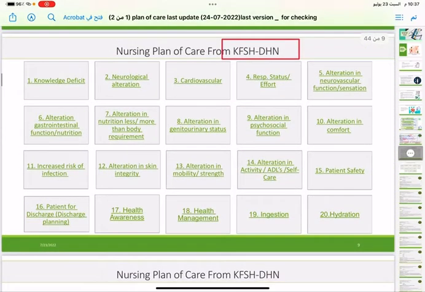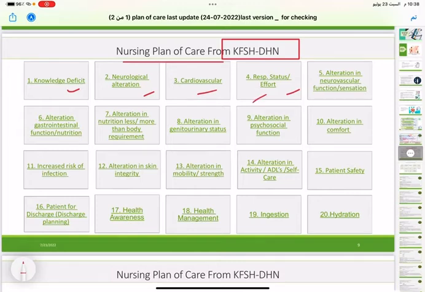You can see that the patient, for example, has a knowledge deficit or neurological alteration, cardiovascular problems, or respiratory status problems, so you want to do a nursing care plan, isn't it? So the nursing care plan is for the knowledge deficit, for the neurological alteration, or for cardiovascular, respiratory alterations, or altered neurovascular function, or a problem with sensation.